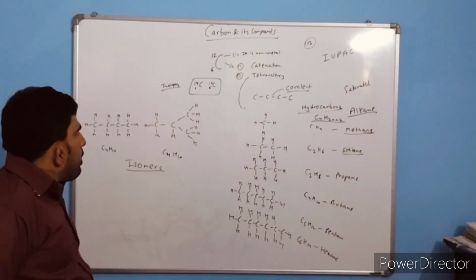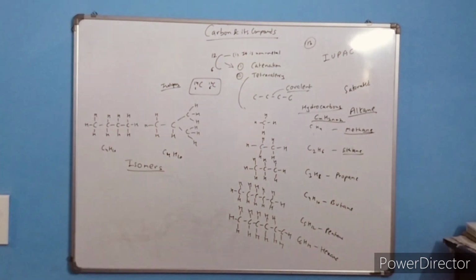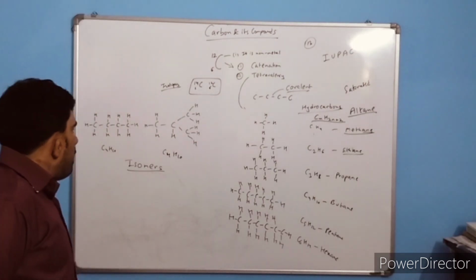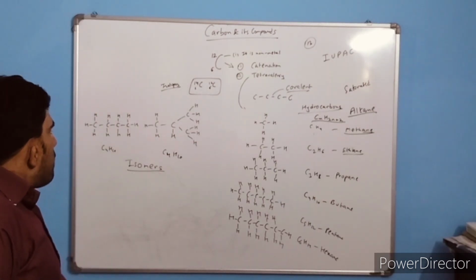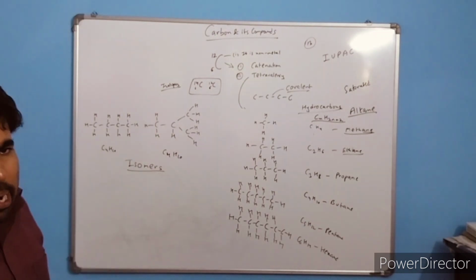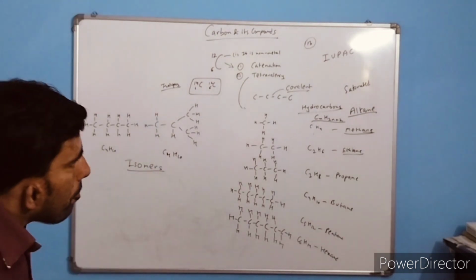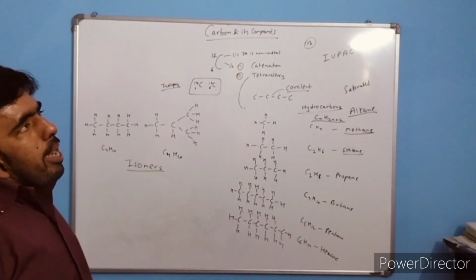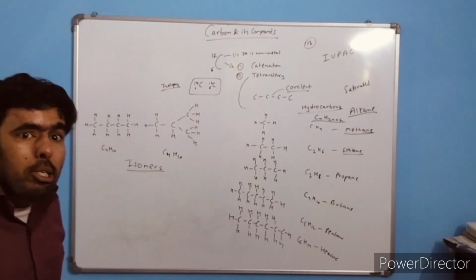Okay, so now you are able to identify that we have studied two structures of butane, that is straight chain and branch chain. Now apart from this, one more structure is there. That structure is called ring structure.